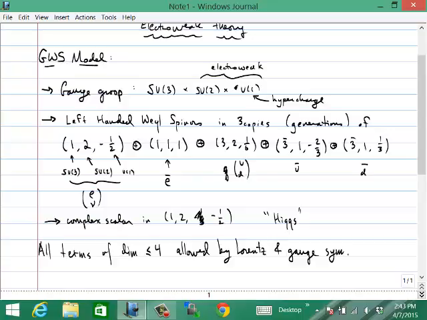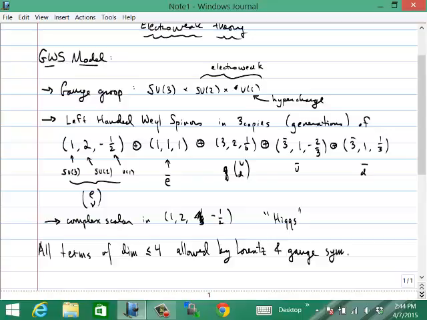So to some extent, what I want to do today, and perhaps a little next class, is just write out this model in a bit more detail, so that you can get a feeling for what all the various particles are and how they interact. Along the way, I'm just introducing a lot of terminology, a lot of special names for certain fields, things like electrons and neutrinos and muons and leptons.